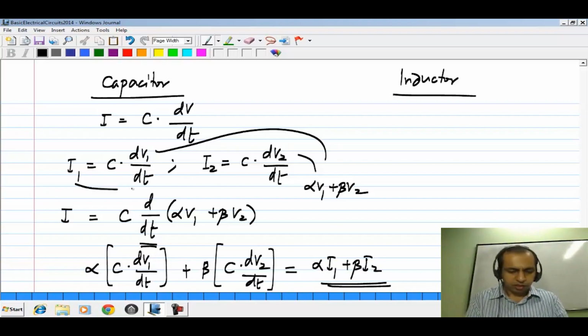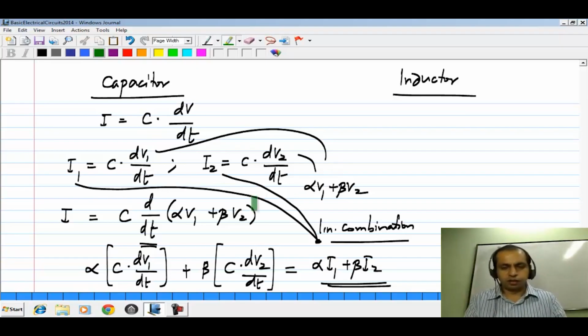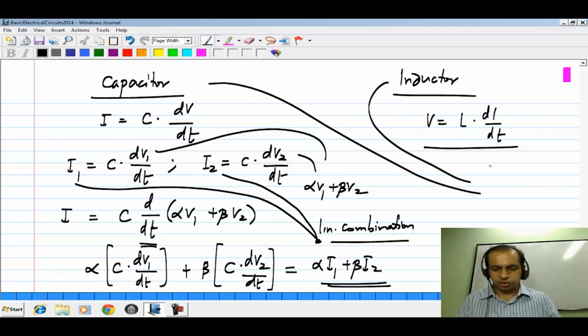So it's the same linear combination of I1 and I2. Okay. So basically the time derivative is a linear characteristic. So the capacitor is a linear element. Similarly, the inductor, which obeys this relationship, V is L di by dt, is also linear. Okay. I will leave it as an exercise for you to prove it. It must be again pretty obvious from the relationship. Okay. So both of these are linear elements.